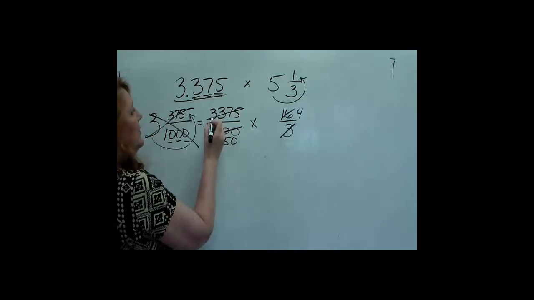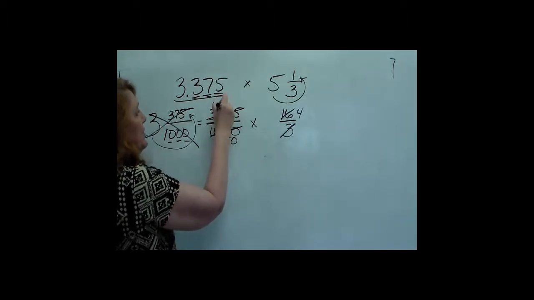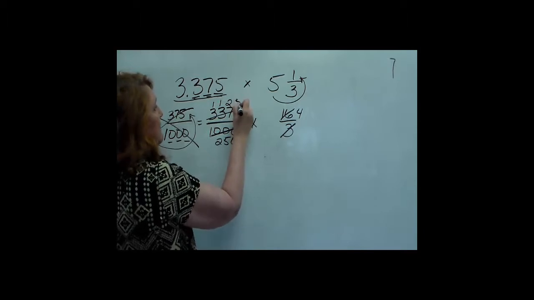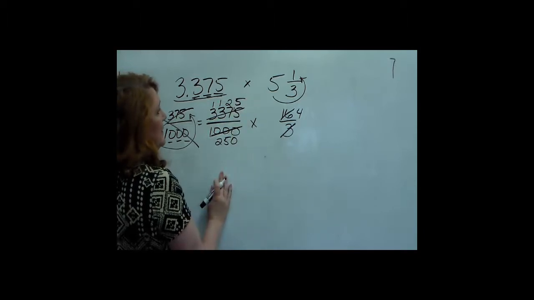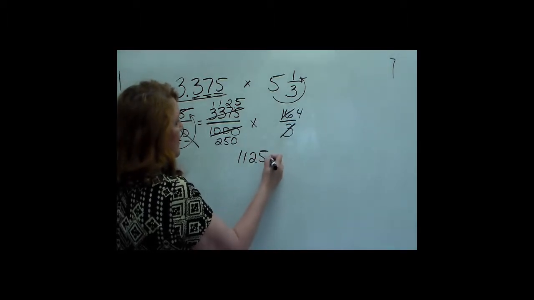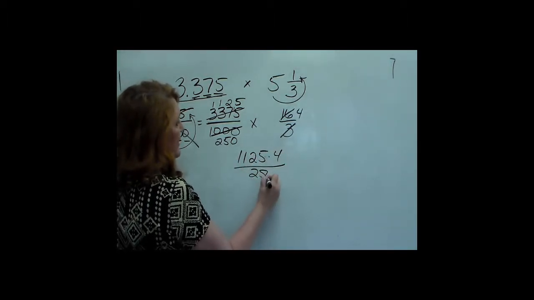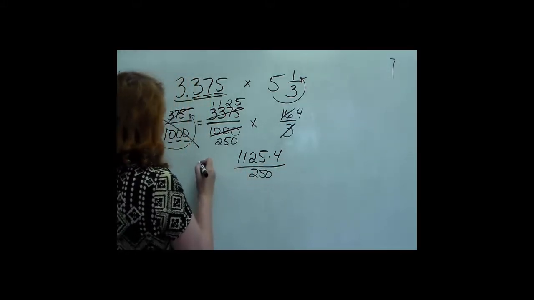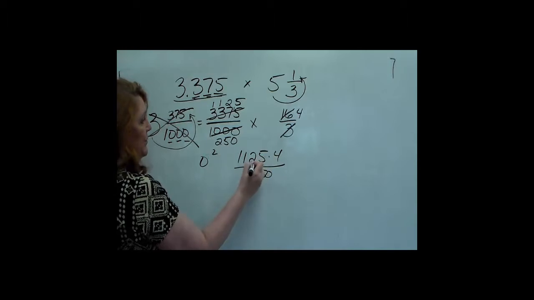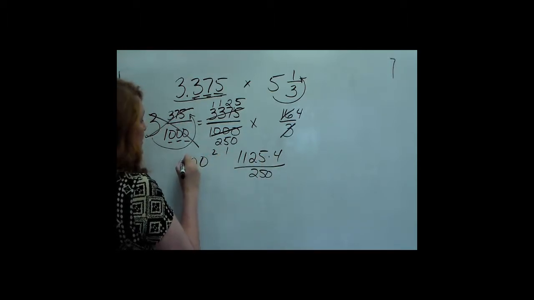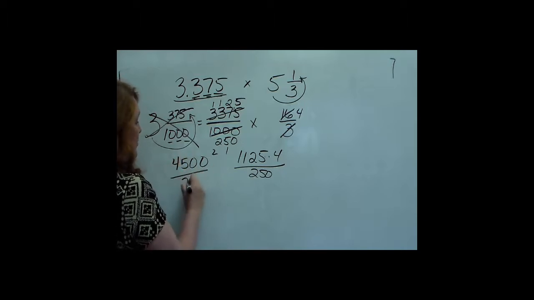Short division, here we go. 3 goes into 3 once, 3 goes into 3 once, 3 goes into 7 twice with 1 left over, 3 goes into 15 5 times. So I end up with 1125 times 4 over 250. 4 times 5 is 20. 4 times 2 is 8, 9, 10. 4 and 1 is 5, and that's a 4 over 250.